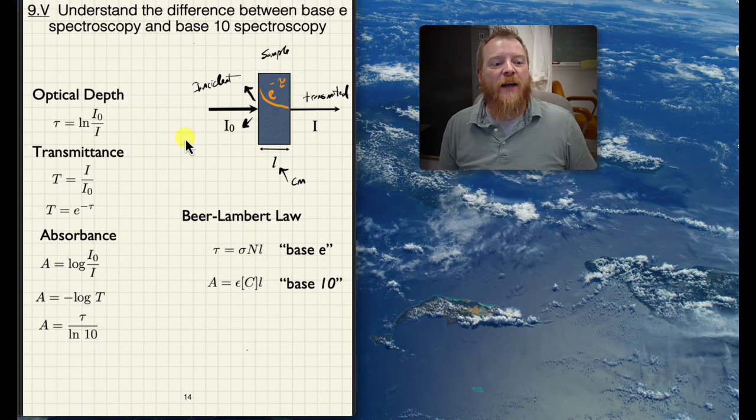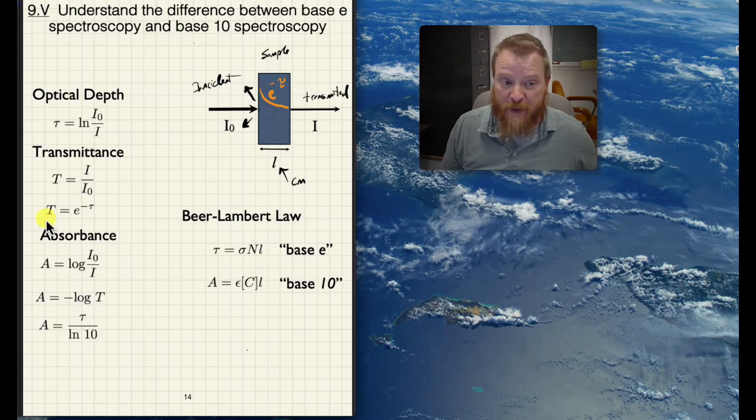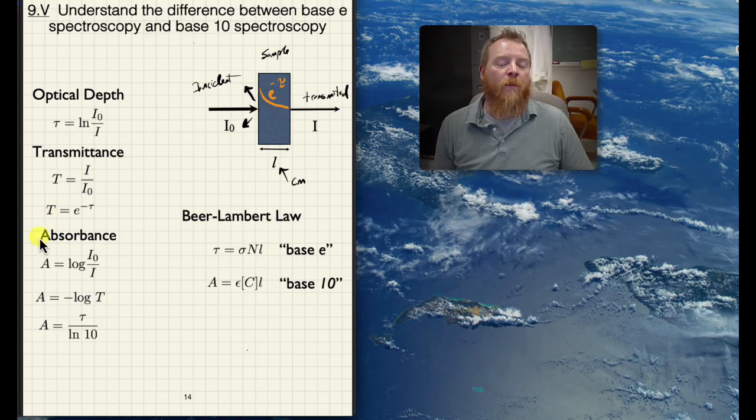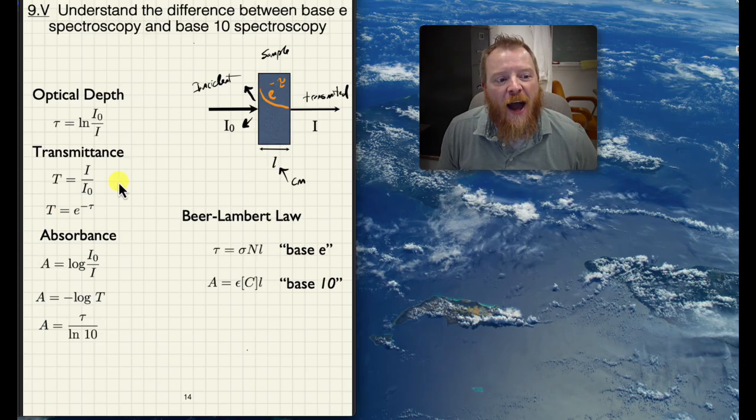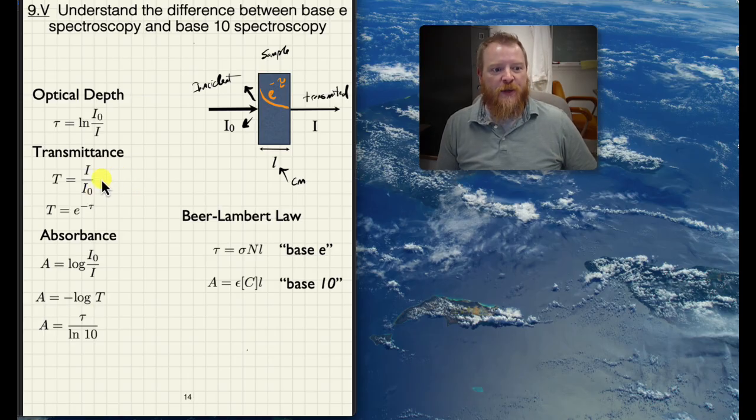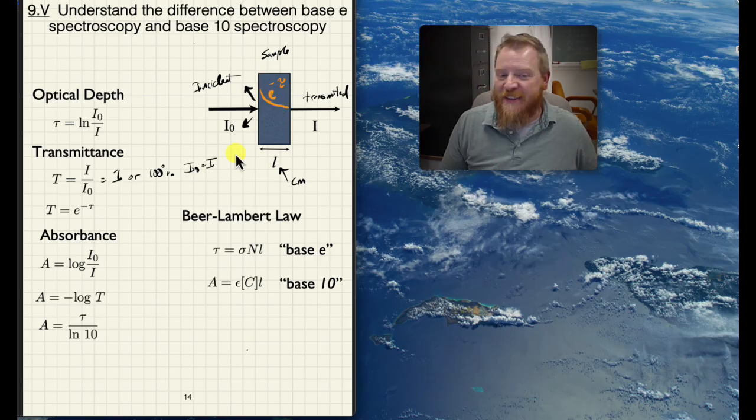Okay, so as you can see right away, that e to the negative tau is the transmittance, or as you more recognize it, I over I naught. So in the case when the transmittance is 1 or 100%, that means I naught equals I, and nothing in this sample or sample container has scattered or absorbed the light.